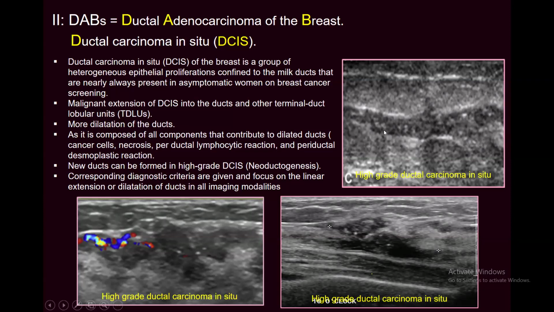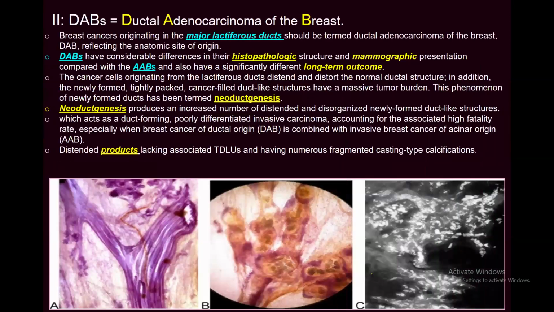Here are obviously significantly dilated ducts with foci of calcifications. This is also a non-mass-like lesion with calcification representing ducts, and this is ductal architecture with increased vascularity and foci of calcification, all representing high-grade ductal carcinoma in situ.